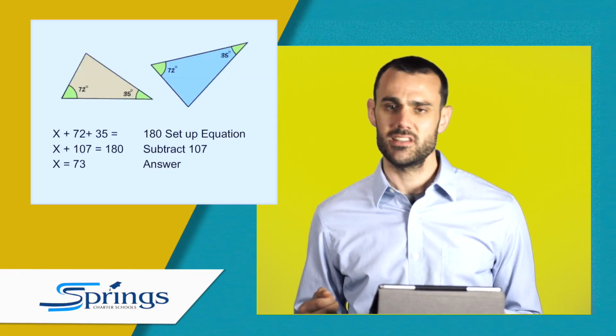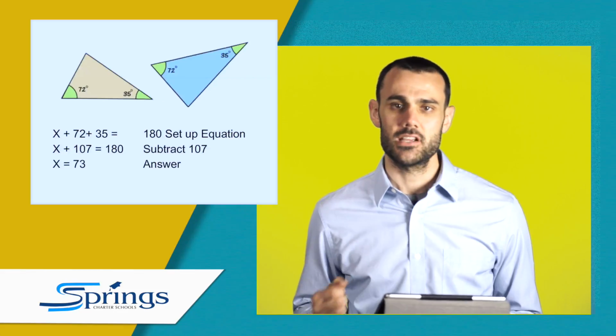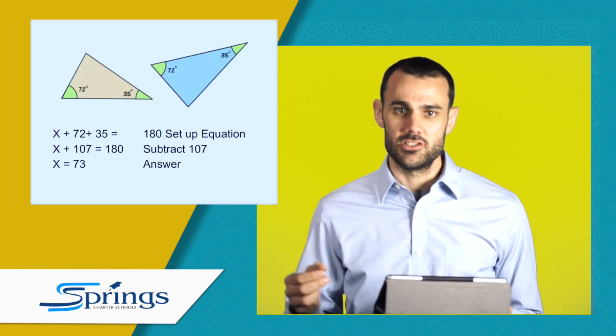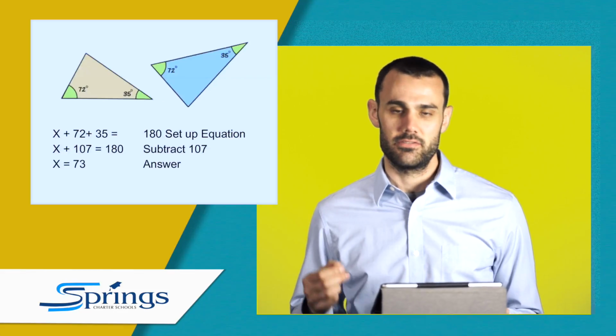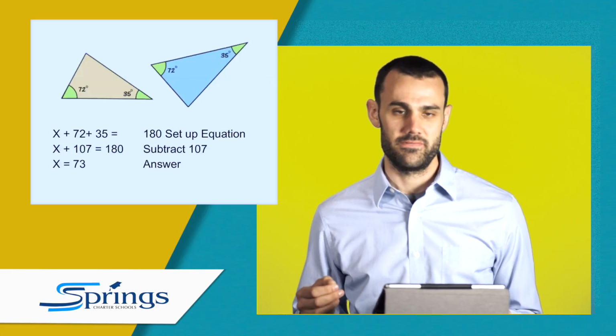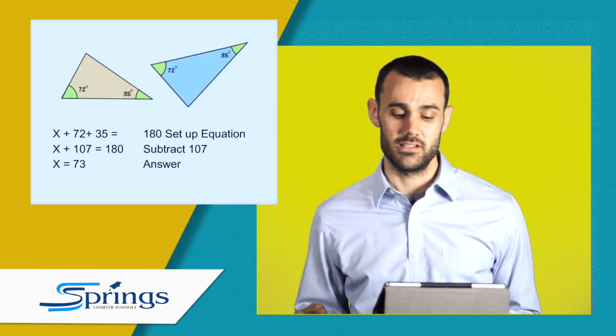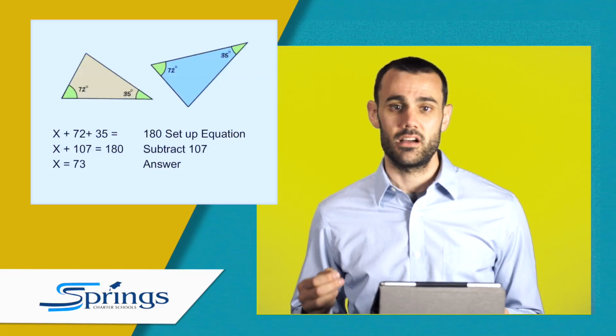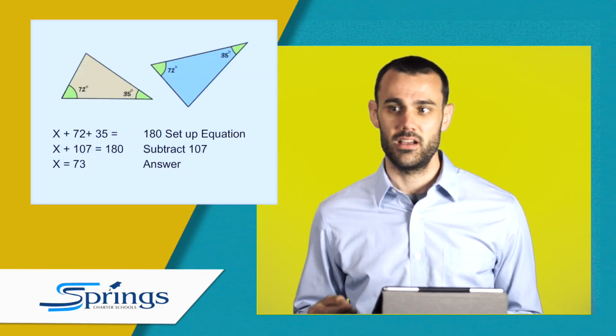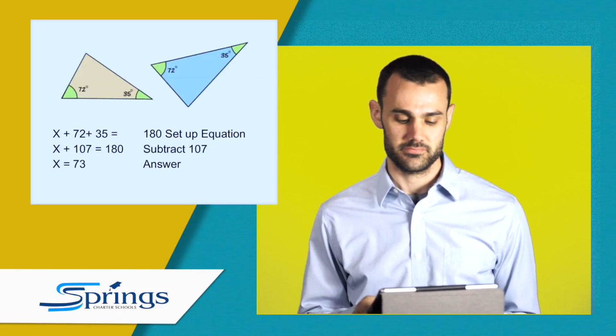So I have matching 72-degree angles, matching 35-degree angles, and we just solved the missing angle for our first triangle in tan, which was 73 degrees. So we can say with confidence that these triangles are similar.